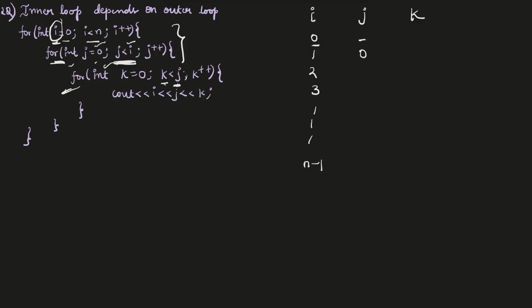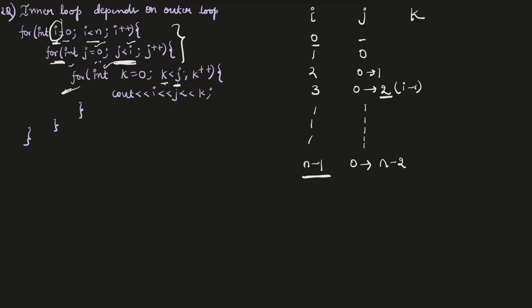Next, j less than 2, so 0 and 1 would run. So this is basically i minus 1. If you observe this, it is i minus 1. As you go on, since the i value goes up to n minus 1, it becomes n minus 2.